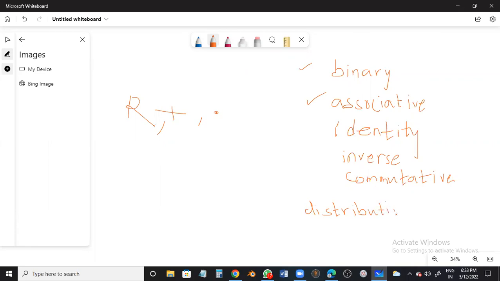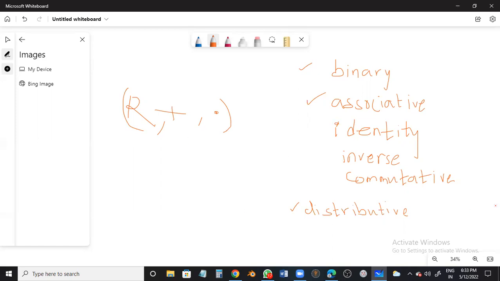Why do we say left and right? Because we don't insist upon commutativity. So R plus dot happens to be a ring: R plus satisfies all these 5 and multiplication satisfies only these 3. Now if an identity element is present, we call it a ring with unity. Followed me?